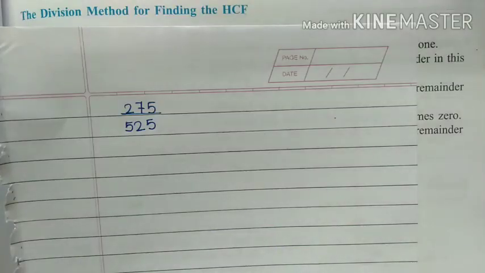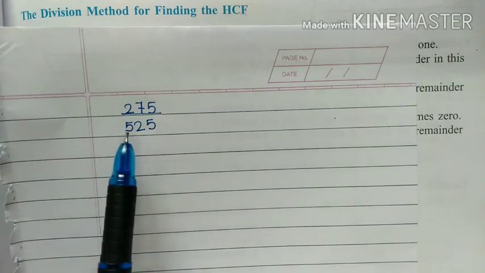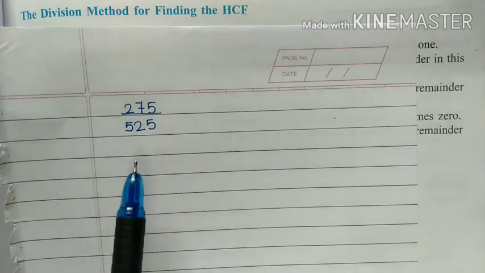Let me show you how to solve it again. I have taken the example from the practice set: 275 upon 525. Find the HCF and reduce to the simplest form.